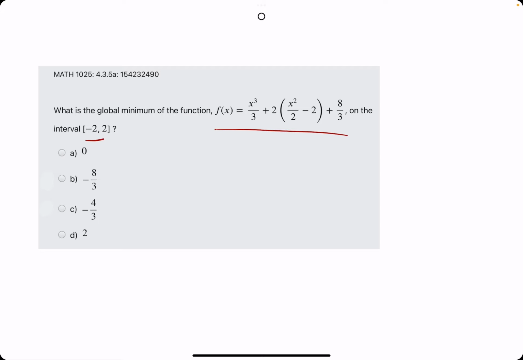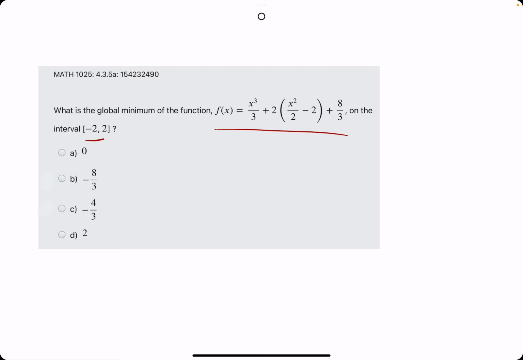So the first step we will take is finding the derivative of f. Finding f prime will help us find our critical points, our possible locations for maxes or mins within the interval -2 to 2. Then we'll talk about what to do from there. For derivatives of fractions like this, we treat the top like usual, taking the derivative, and just leave the 3 on the bottom.